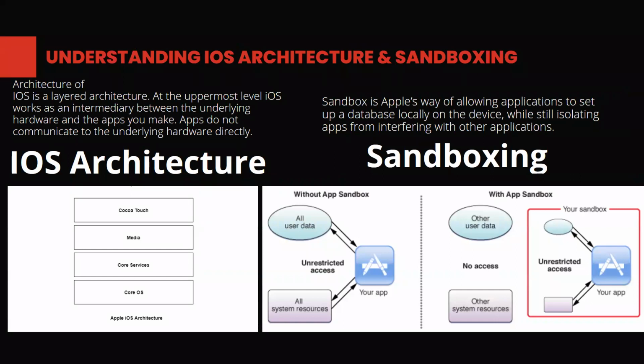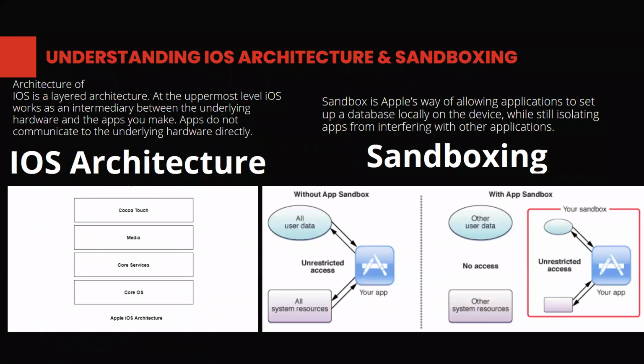Okay, understanding iOS architecture and sandboxing. I'll start with iOS architecture. iOS is a layered architecture. At the uppermost level, iOS works as an intermediary between the underlying hardware and the apps you make. Apps do not communicate with the underlying hardware directly.